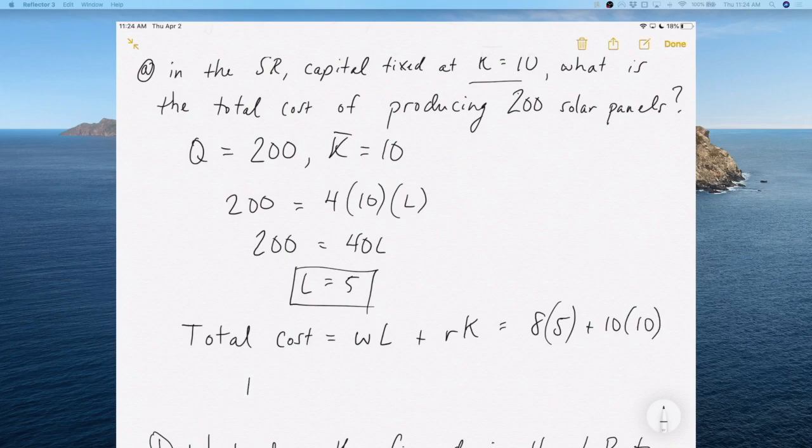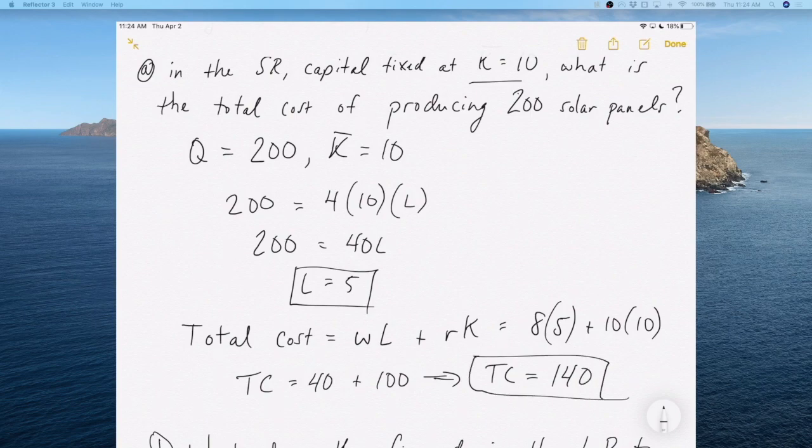So our total cost is going to be equal to 40 plus 100, which is 140. That's our total cost in the short run. You can remember that it's the short run because we have a fixed level of capital, right?